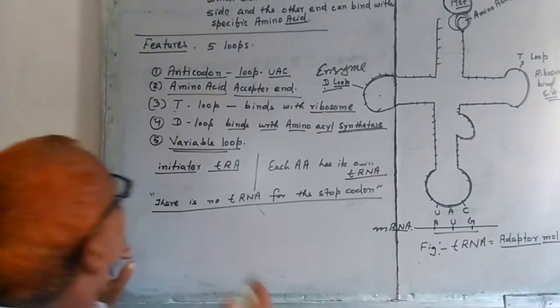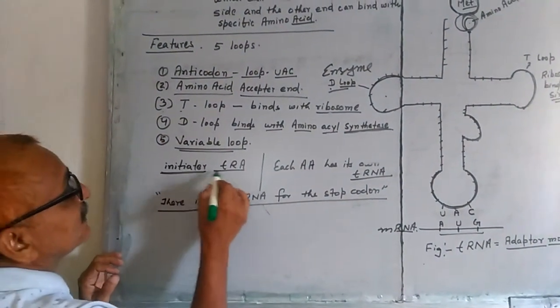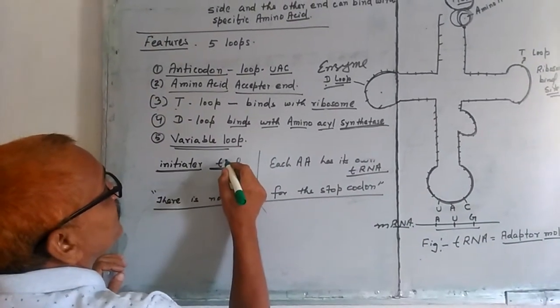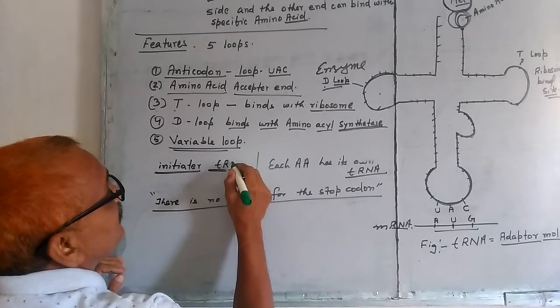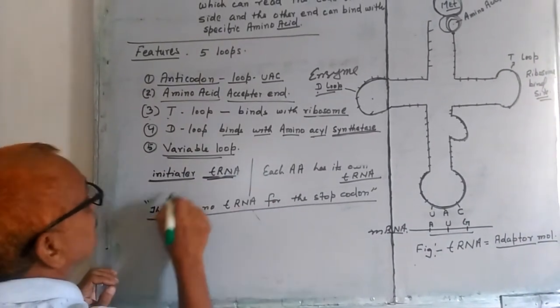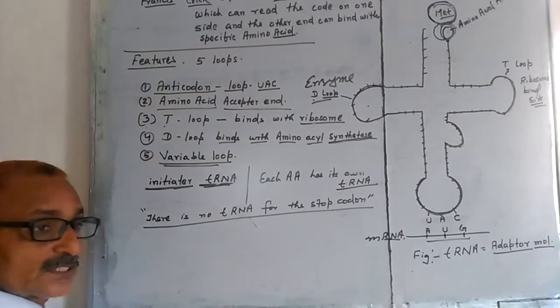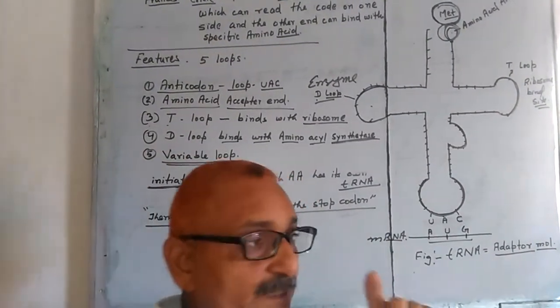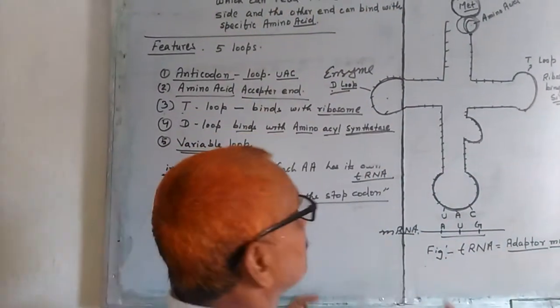One thing you also know is that there is an initiator transfer RNA, which initiates the process of translation. Initiation of translation always begins with this code.